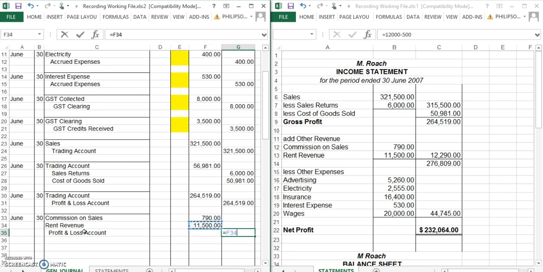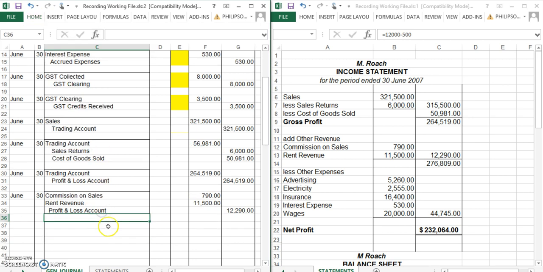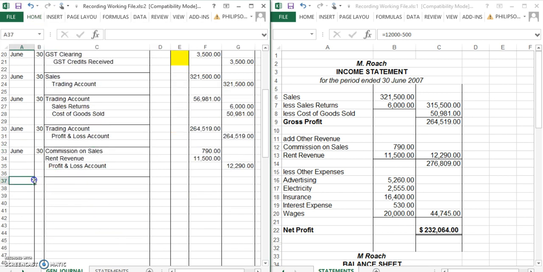Okay, equals that plus that. Almost there. June 30.